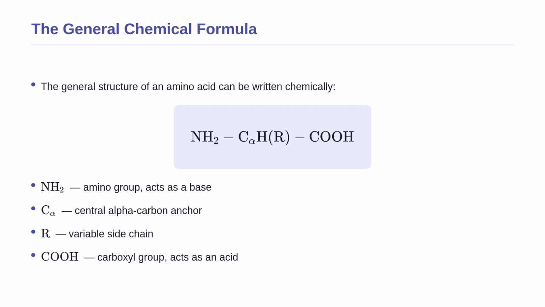The R represents the variable side chain, the only part that changes between different amino acids. Finally, the COOH represents the carboxyl group, which acts as an acid and can donate a proton. If the environment becomes more acidic or basic, these groups will gain or lose protons, changing the molecule's overall charge.